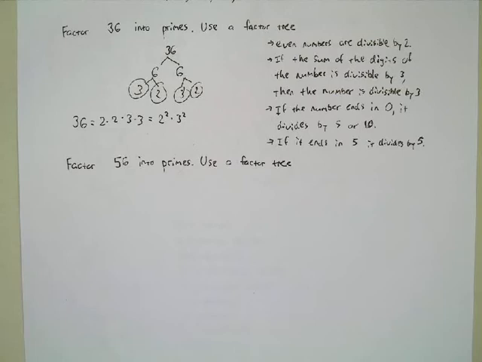Questions on any of this stuff? Yep, that's right. So then I would write 56 equals, and then what times what times what times what? All your primes, multiply them. You can write it that way. Absolutely. Look at all your circles.